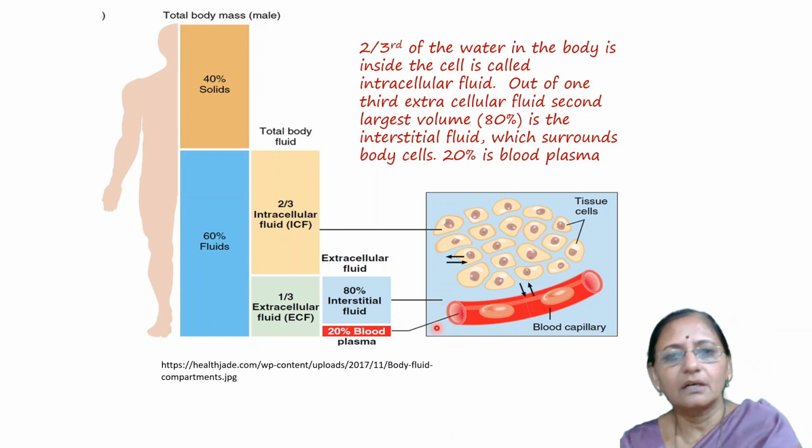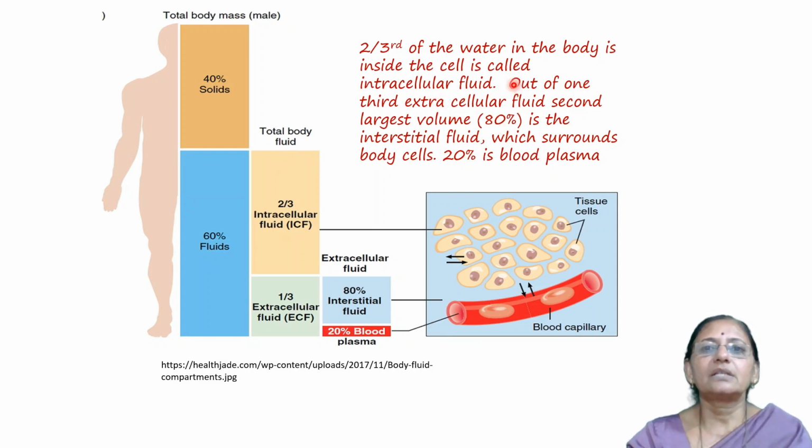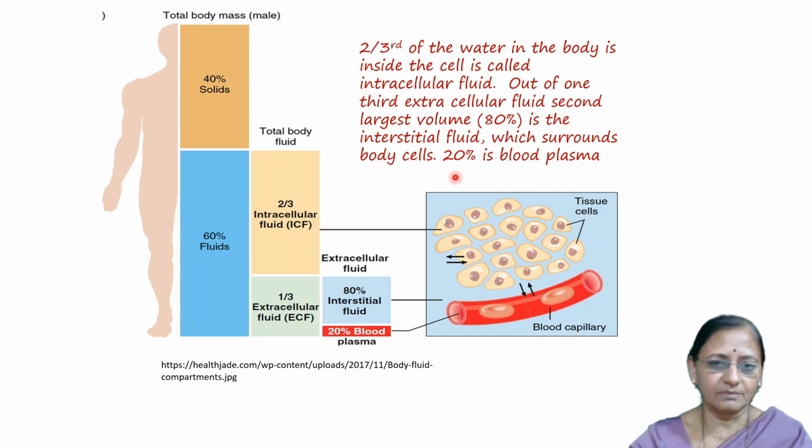Do you understand this? So out of the one-third extracellular fluid, the second largest volume, 80%, is interstitial fluid, which surrounds the body cells, and 20% is the blood plasma.